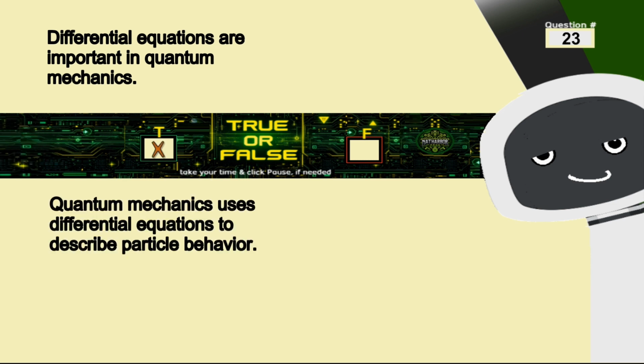True or false? Differential equations are important in quantum mechanics. That is true. Quantum mechanics uses differential equations to describe particle behavior. True or false? Differential equations have applications in finance, such as modeling stock prices.